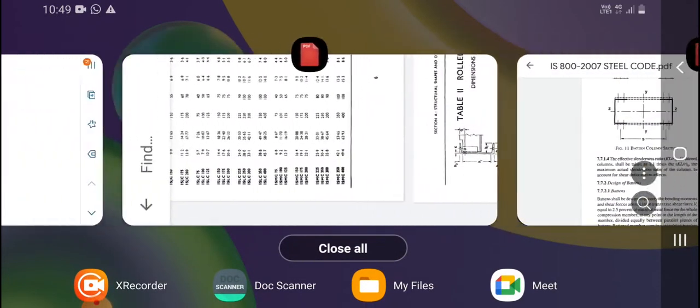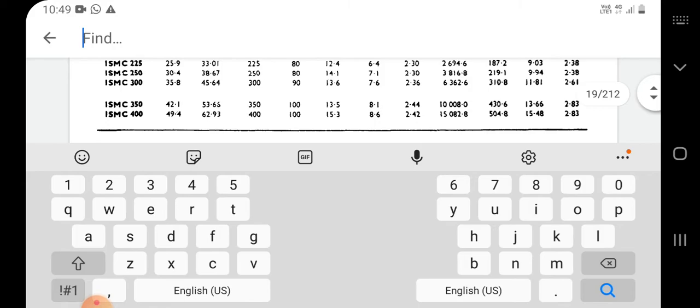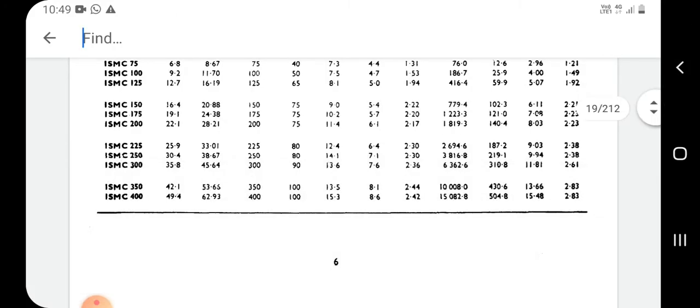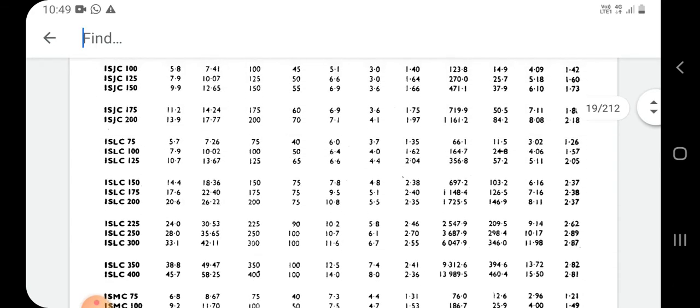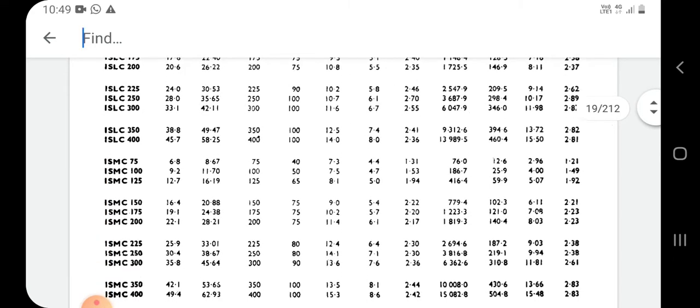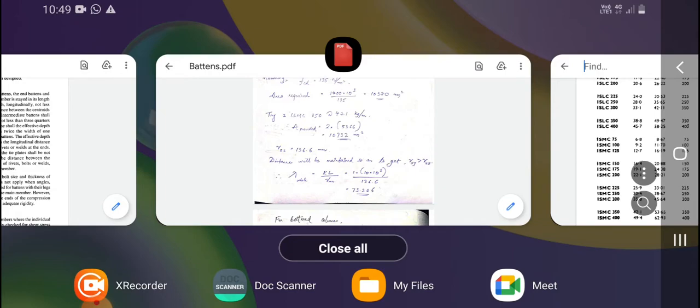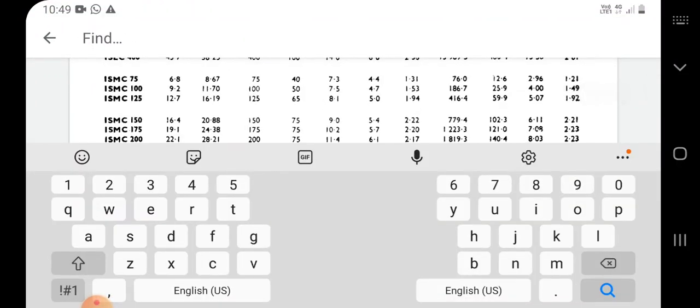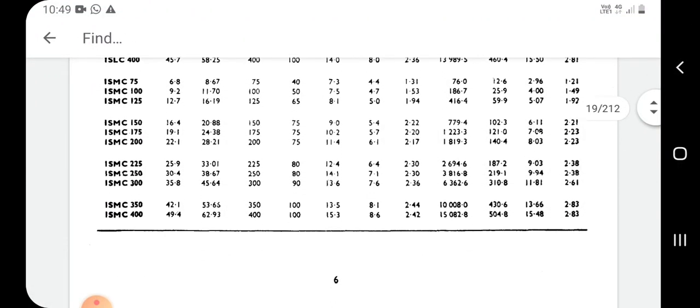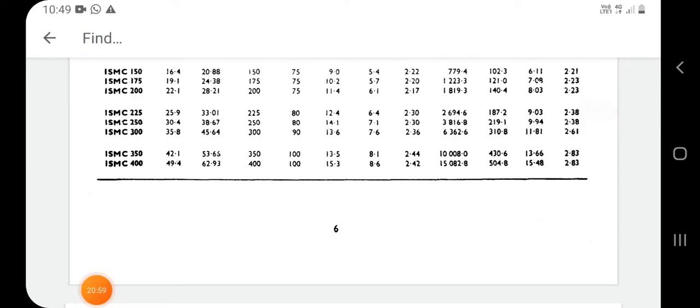So in the steel table, we have to find that first. After seeing the effective area required, check for all the sections whose area is almost half of that, so that if you take two sections, in total it will be more than 10,370.